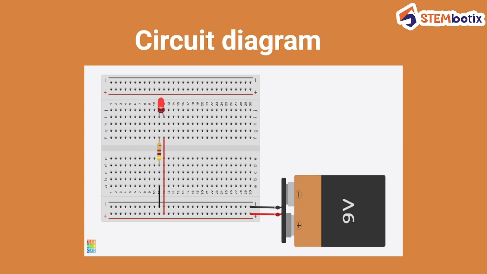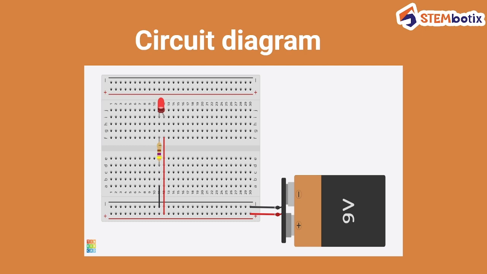The cathode is the one which is straight, while the anode terminal is partially bent and is the longer one of the two. So the cathode is shorter and straight, and the anode is partially bent and long.